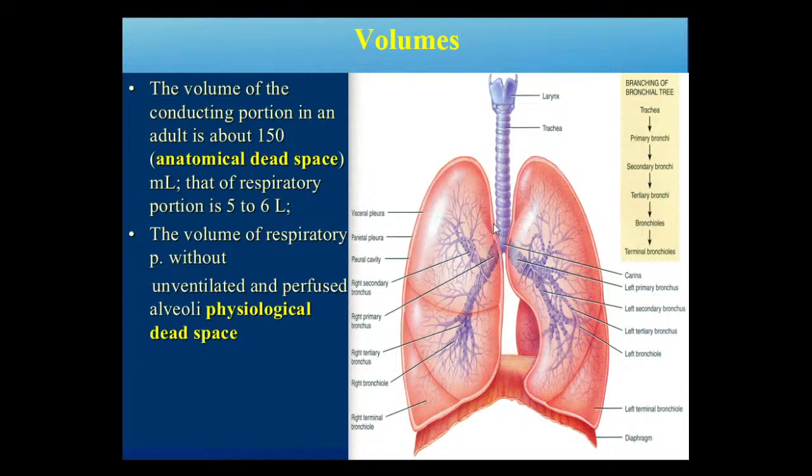In accordance with these functional portions of the respiratory system, we differentiate the spaces of air in the respiratory system. The volume of the conducting portion in an adult is approximately 150 milliliters, and this space we call anatomical dead space, because here we haven't gas exchange.